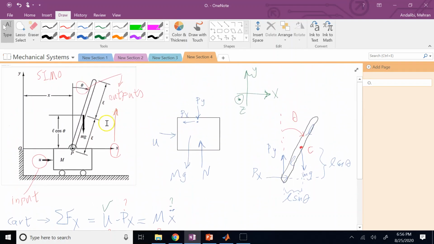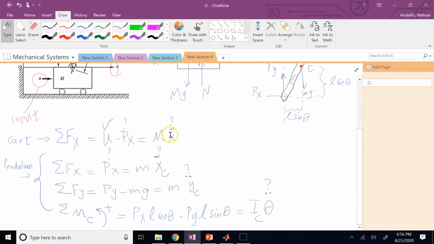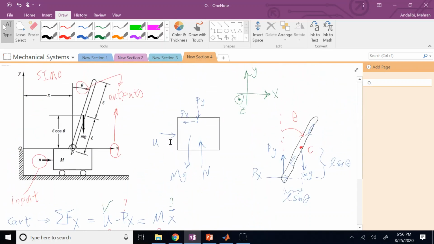How? Well, how can I write the x and y of the centroid in terms of x of the box and theta? Can I relate those two guys to the two other unknowns, x and theta? If I can, then two of them are gone. And that's not really hard to do, because if you look here, x of point P is the same as x of the box, because this is a single object moving, all points have translation only.